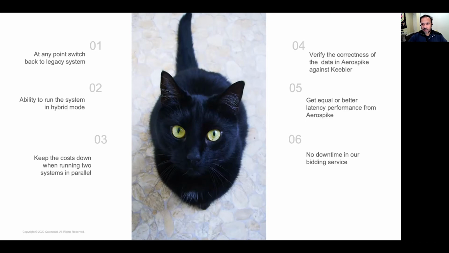We did not want to lose any of the cookie information that we had, or have corrupted data in Aerospike. In terms of latency, we expected Aerospike to perform equally or better than Keebler. And most importantly, we did not want to have any downtime in our bidding servers.